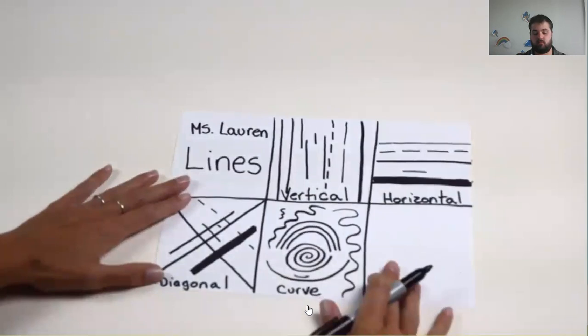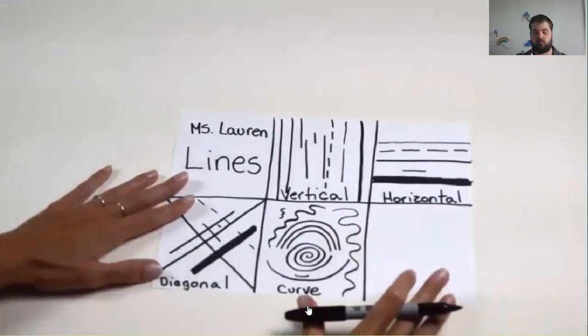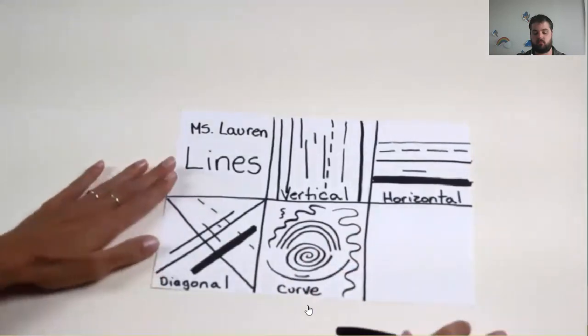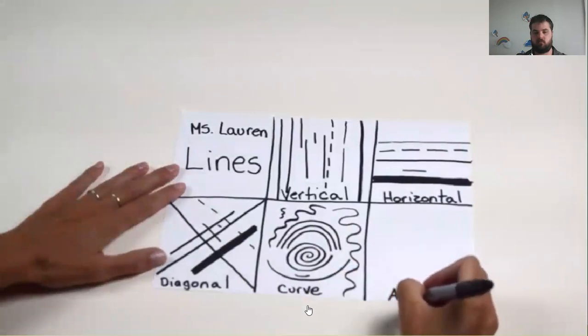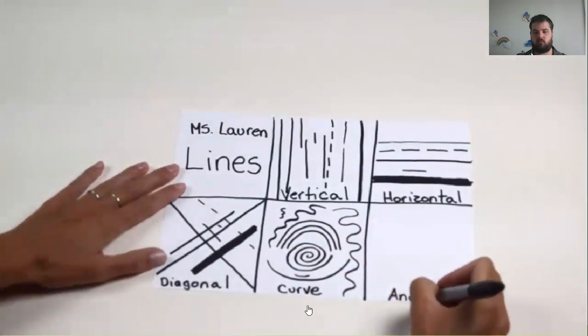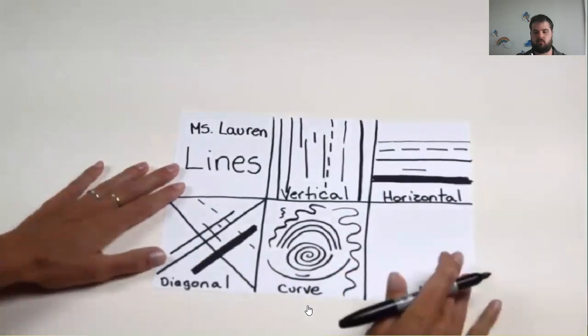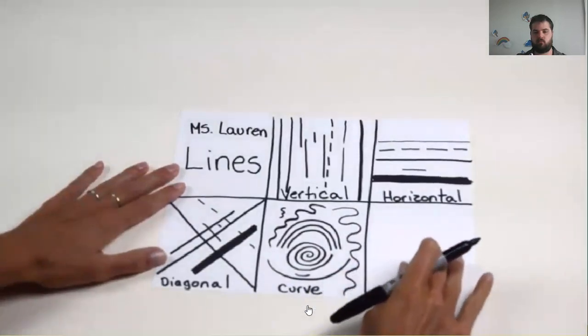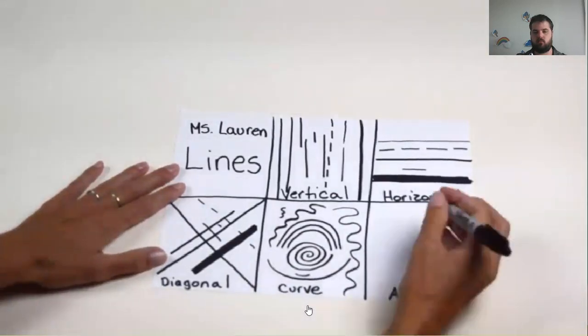And then in the last box, we're going to practice the last kind of line for us, although there are so many different types of lines that you can practice. The last one we're going to practice together is called an angle. Oops, my G is a little weird there. Sorry about that. An angle line is one that comes to a point together. You can think of it as almost like an open triangle.